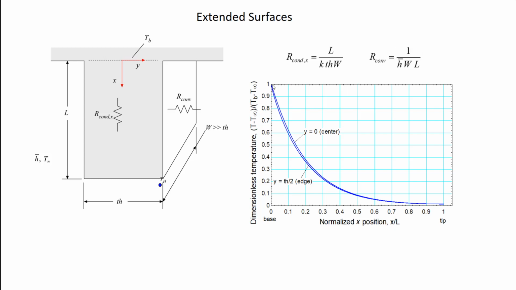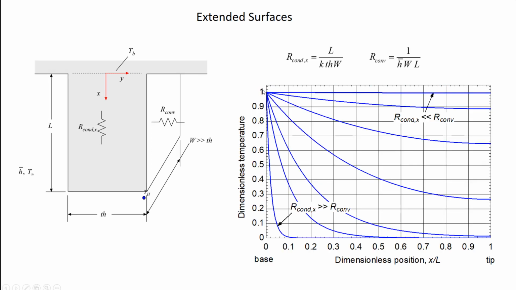Well, I think what that would look like would be a fin where the base temperature more or less persists all the way along the fin, right? There's not much of a temperature drop as I move along the fin. So if I look at that situation, it's basically this upper line here, right? I have the base temperature at x equals 0, and I basically have the base temperature all the way to the tip at x equal L, right? That's the case where conduction in the x direction is really small relative to convection.